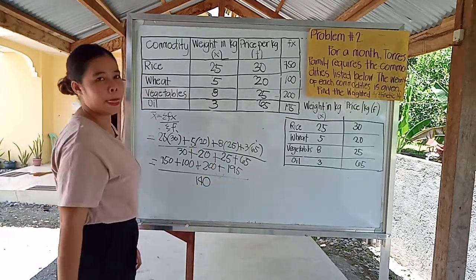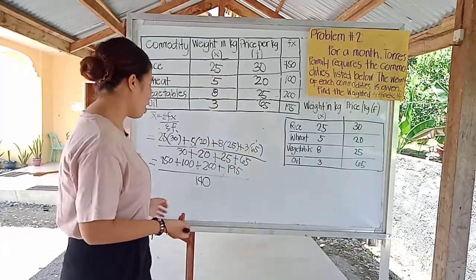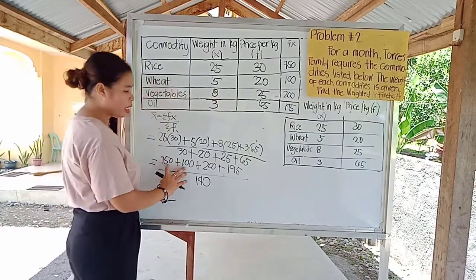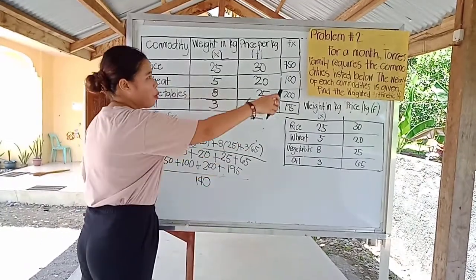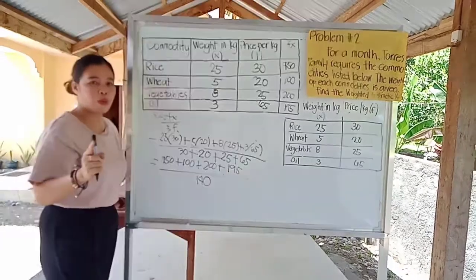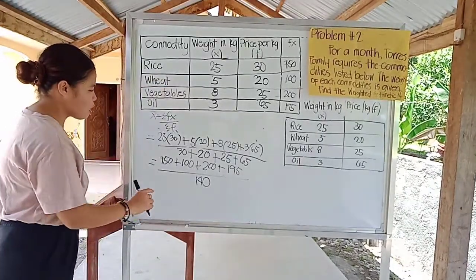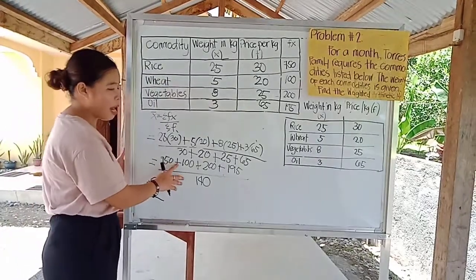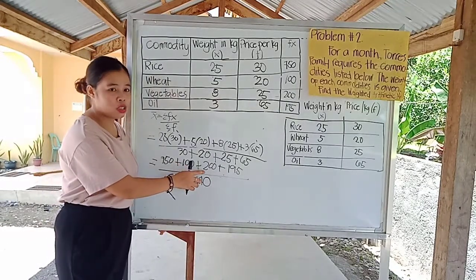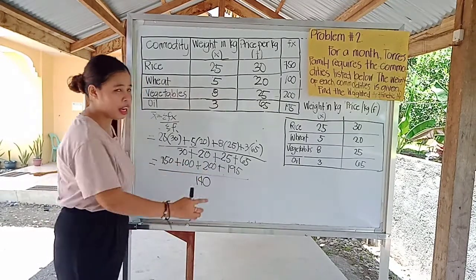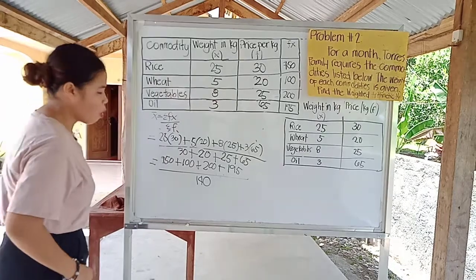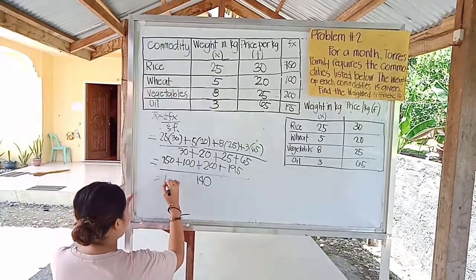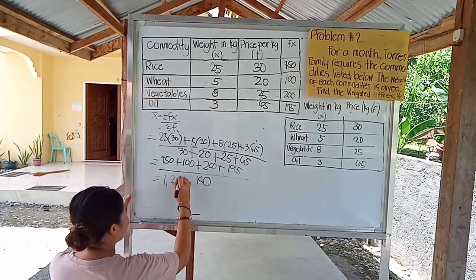140. Our next step is we are going to add all the numerators here, or our Fx, the sum of all products. So 750 plus 100 plus 200 plus 195 is equal to 1245.